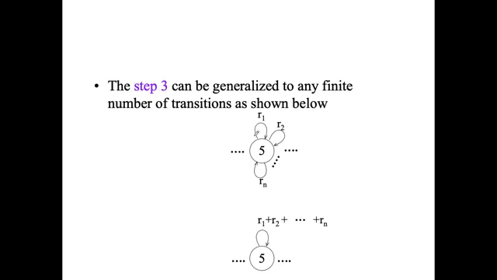Step 3 can be generalized to any finite number of transitions as well. So let's say we have R1, R2, up to Rn. We can combine them as R1 plus R2 up to Rn.